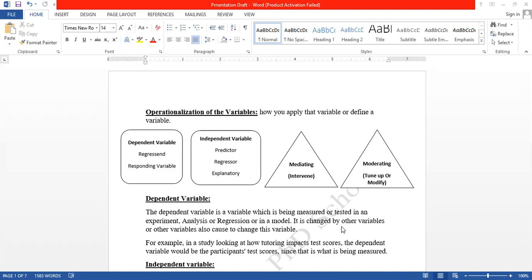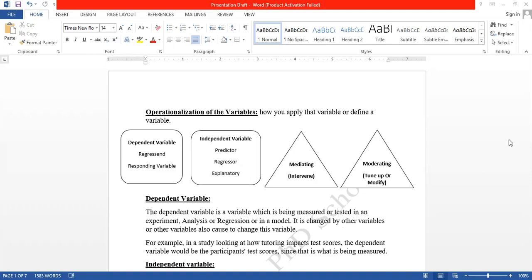It is a variable which is changed by other variables. For example, in a study looking at how tutoring or teaching students impacts the scores of the students, the dependent variable would be the participants' test scores, since that is being measured.